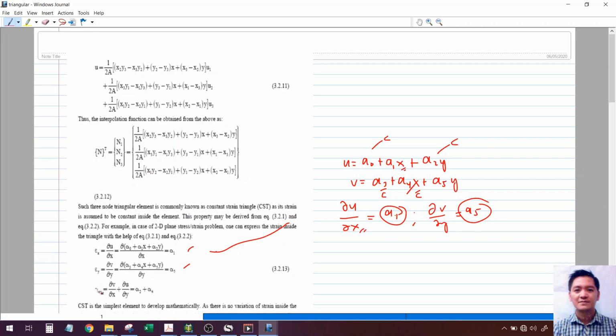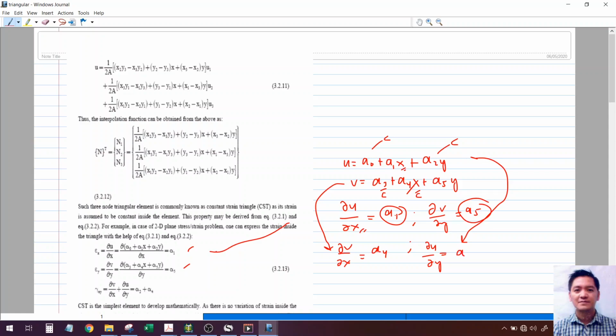Now, shearing strain xy, dv dx plus du dy. So, dv dx, ito yun, no? So, alpha 3 constant, okay, that is alpha 4. Then, alpha 5, y is constant. While du dy, ito yun, ha? So this becomes now constant, no?